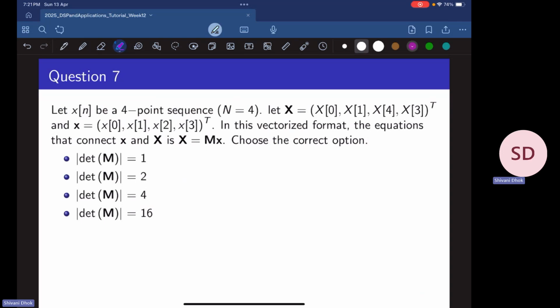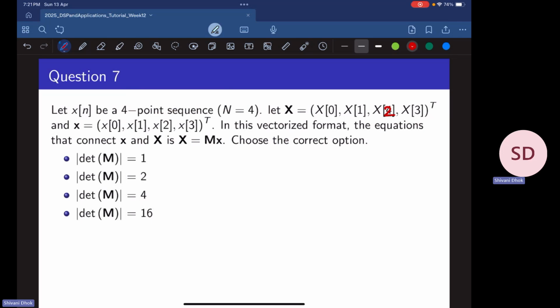Okay. So the question here says that let x of n be a 4-point sequence, that is capital N equal to 4, and let capital X vector equal X0, X1, X2 and X3 transpose, and let little x be x0, x1, x2 and x3 transpose.